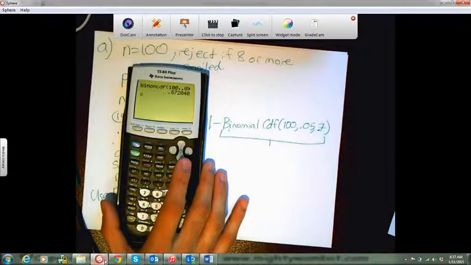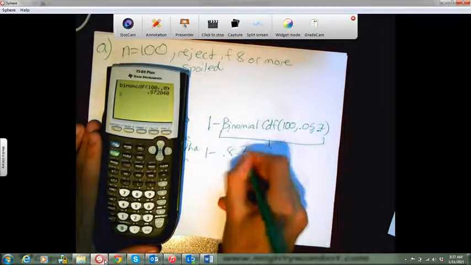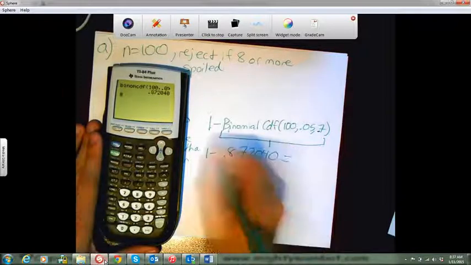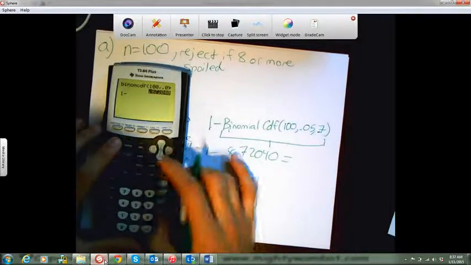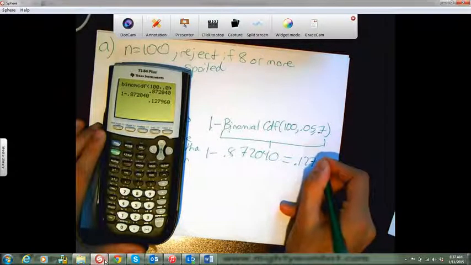Now that's this. So this is 0.872040. You got to do 1 minus that. And the answer is 0.12796. That's the answer to part A.